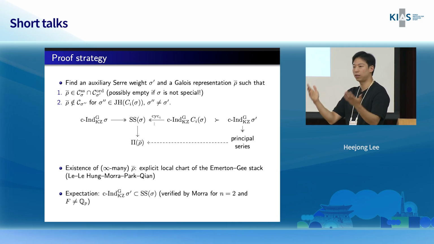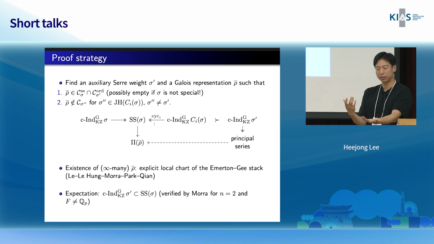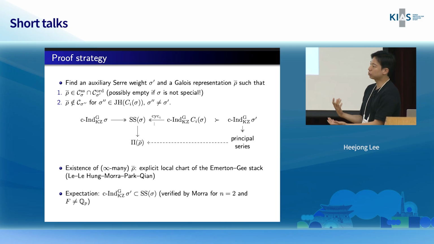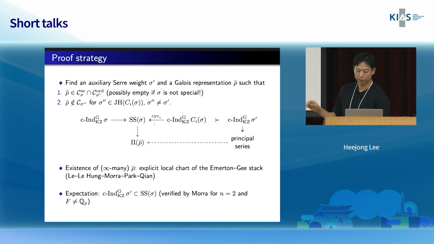So we cut out a lot to get this universal supersingular, and yet it contains another compact induction as a subrepresentation. So this compact induction has some kind of fractal-like structure. And this was verified for GL2 by Stefano Morra when f is not equal to 2, for F not equal to Qp. Okay, I think I'll stop here. Thanks for listening.